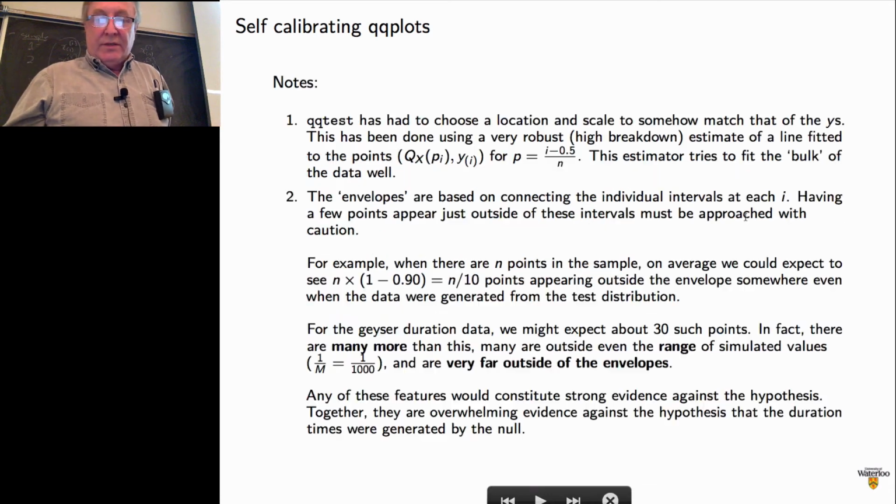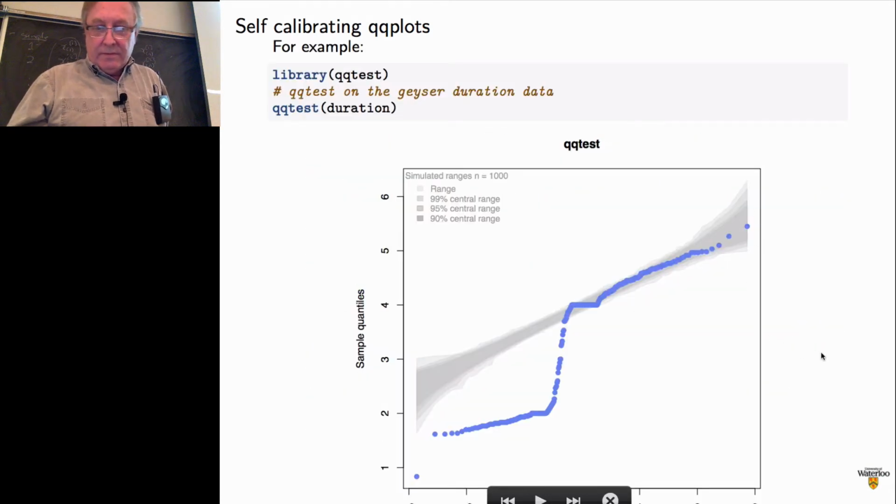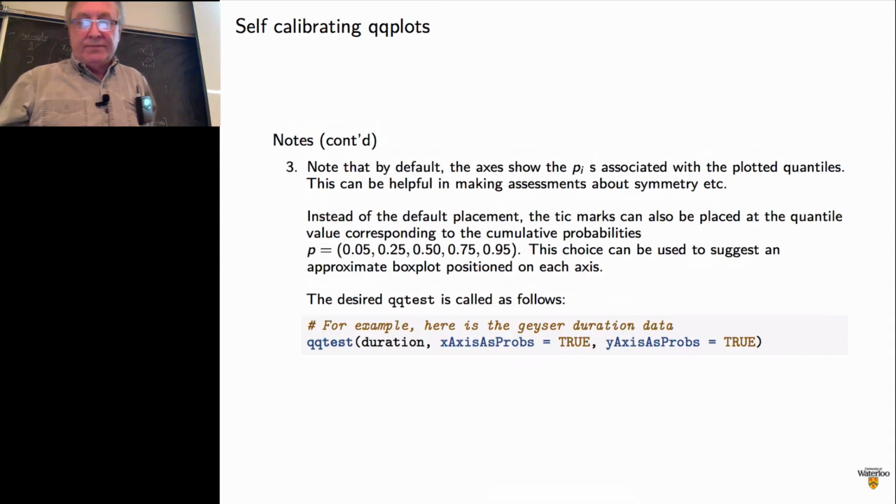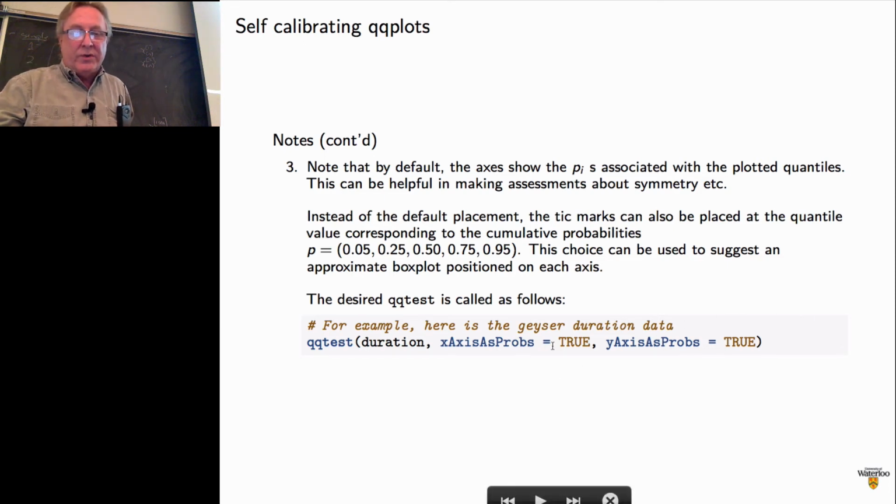Oh yes, the other thing is the default values, which you can't see. Well, let's just look at some. You can actually show on the axes the probabilities, rather than just the values.